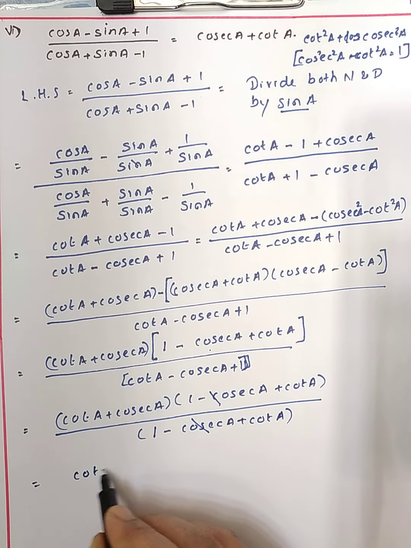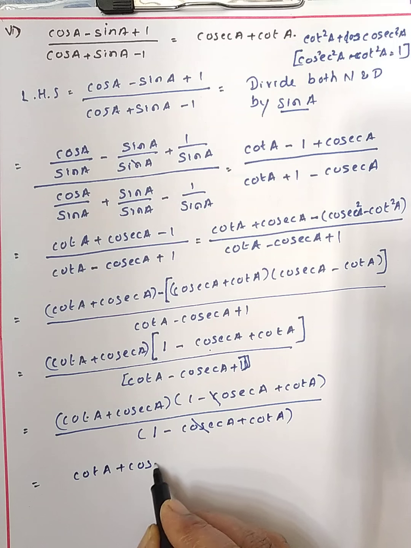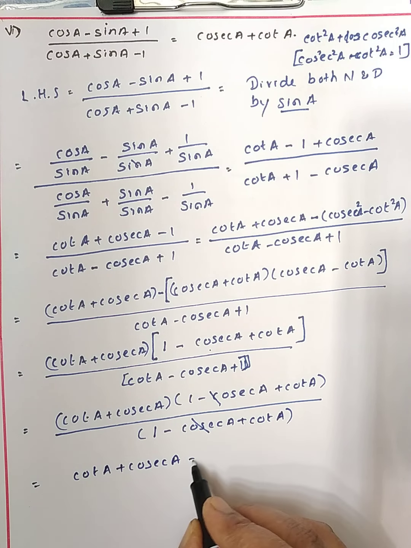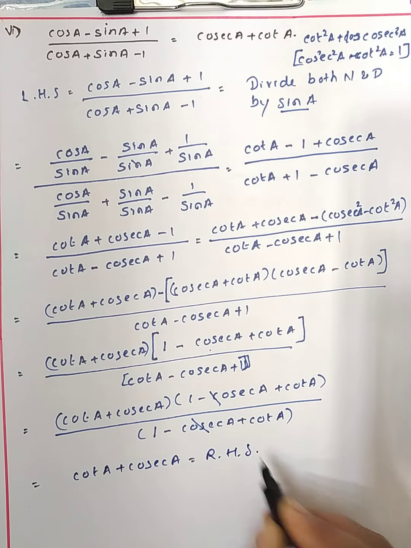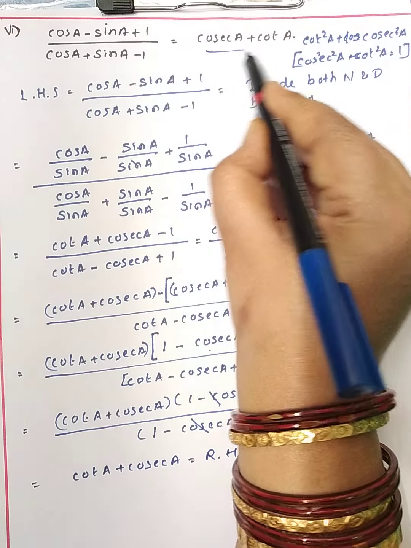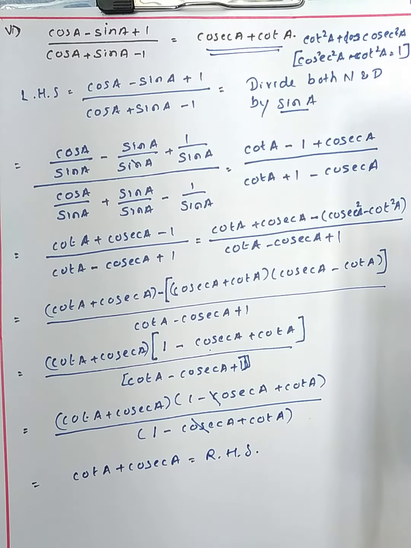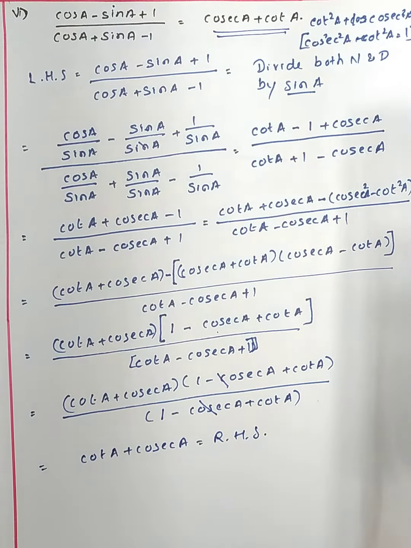Remaining is cot A plus cosec A. This is RHS. We have proved the RHS, cosec A plus cot A.